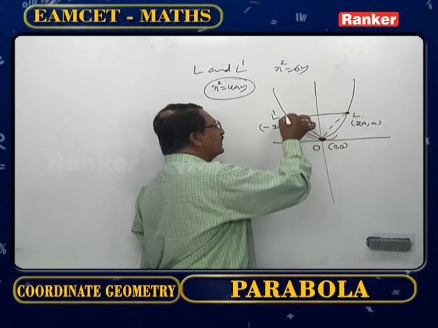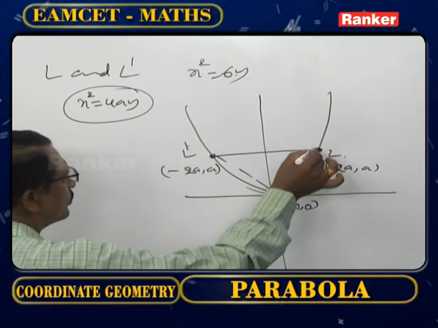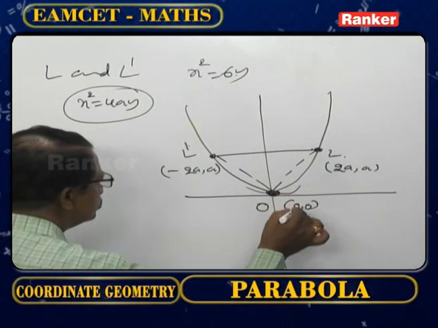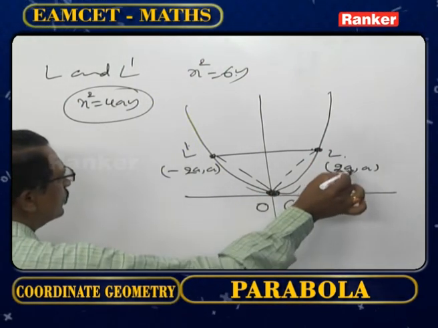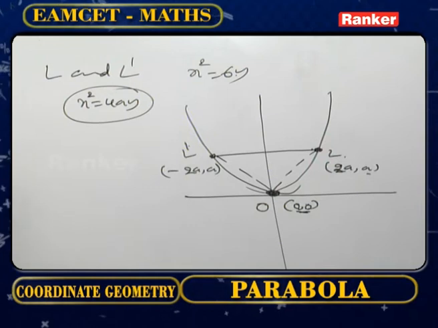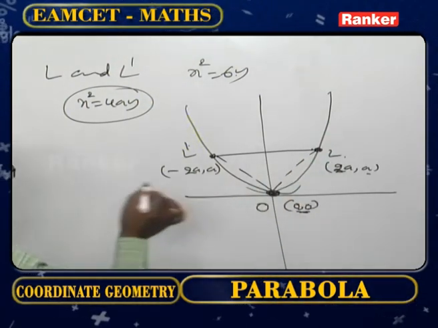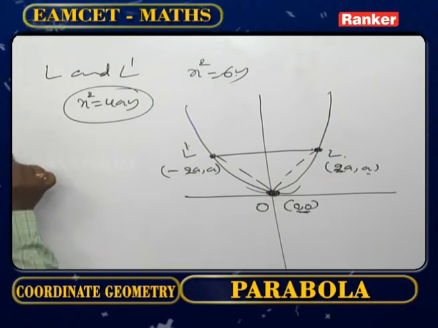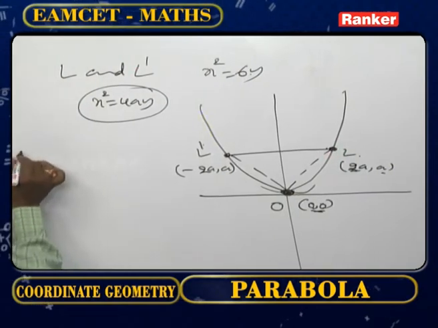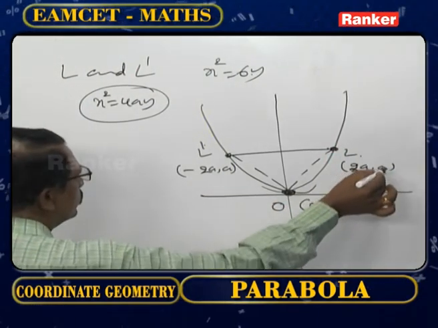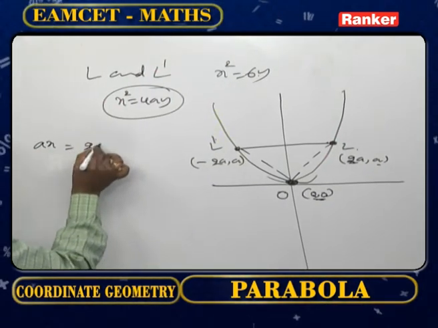Now the equation of OL, that is passing through (0, 0) and (2a, a). Then its equation is ax equals 2ay.